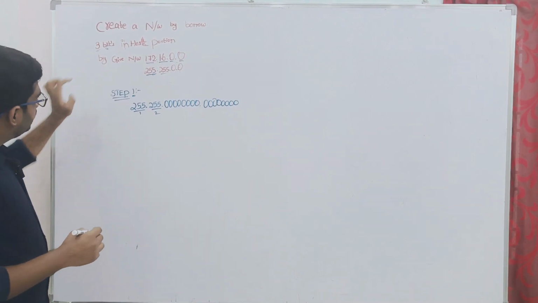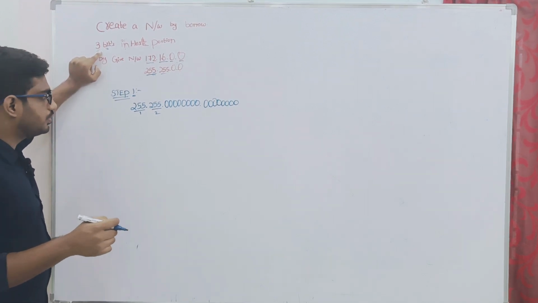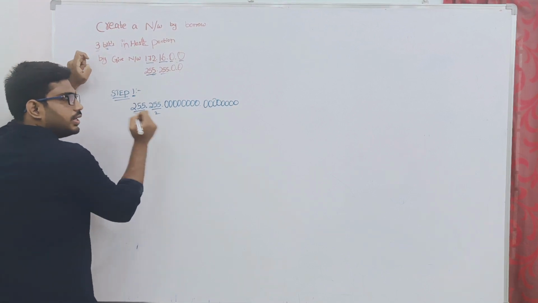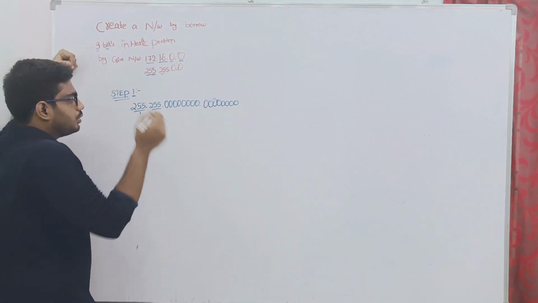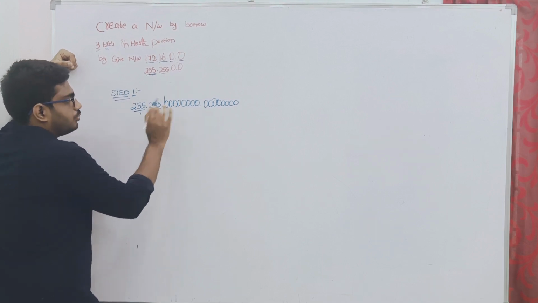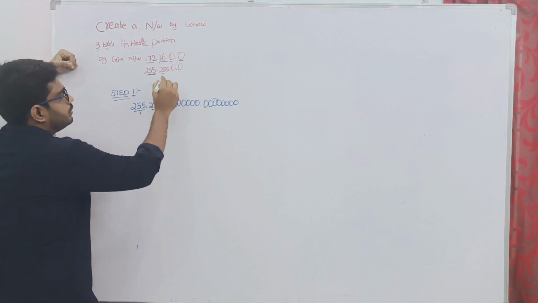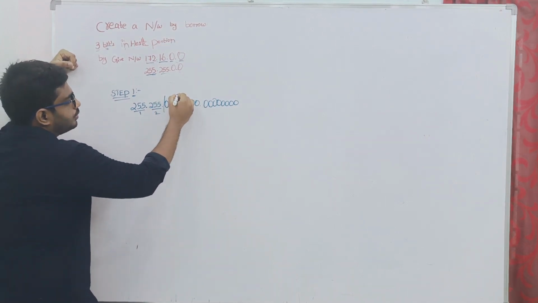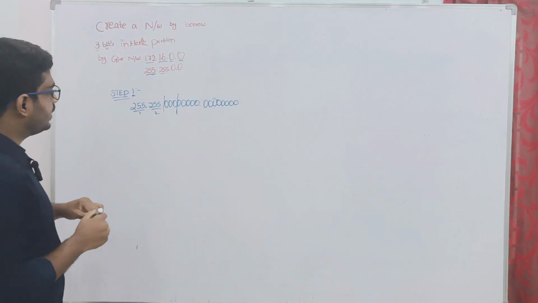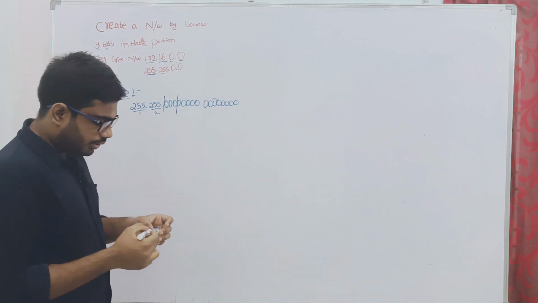Now they clearly mentioned they want 3 bits in the host portion. So from left to right, starting from the third octet, which is the host portion, you take 3 bits. These 3 bits you have to take. Okay, you understand? Here you have your 3 bits.